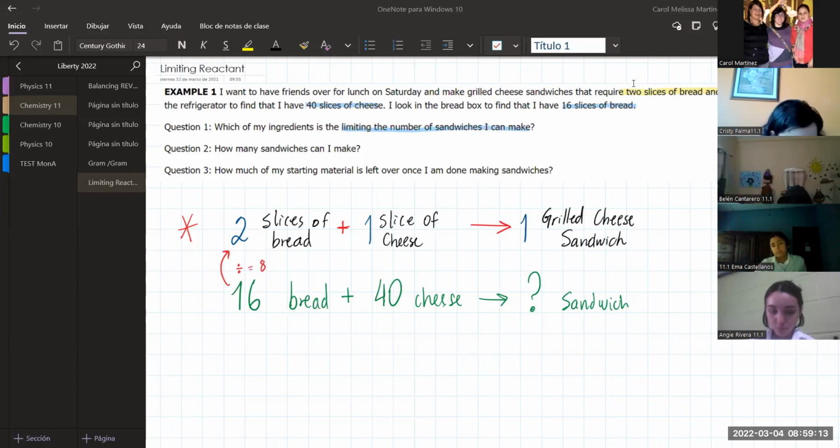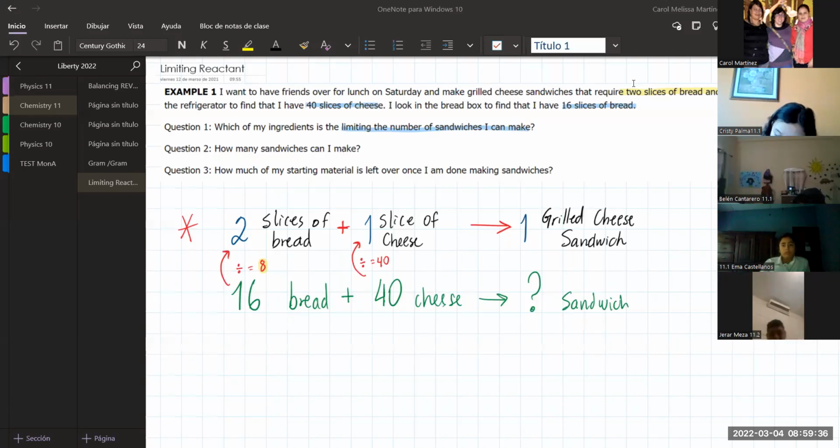And dividing 40 by 1 gives me 40. So the least number that we got of that division was 8. So 8 is the total sandwiches that I can make.